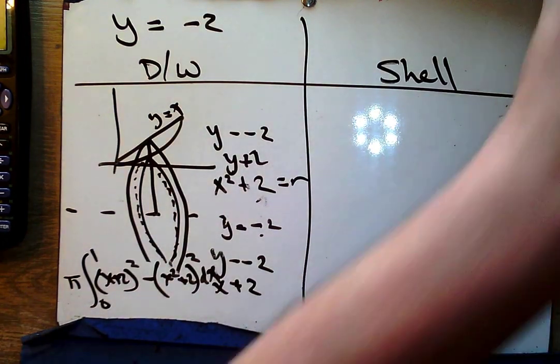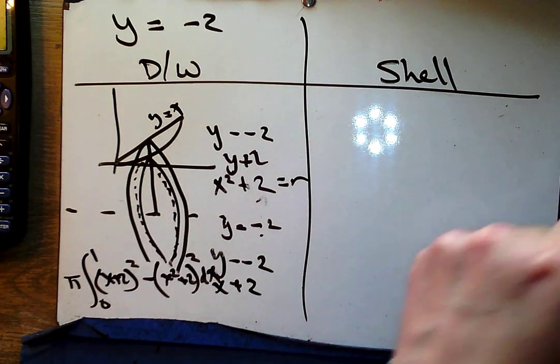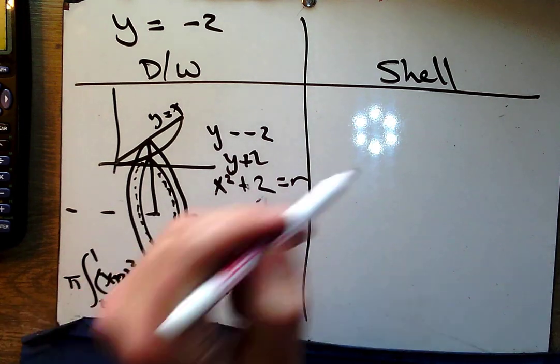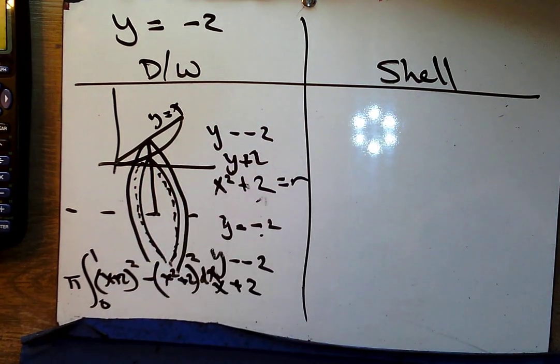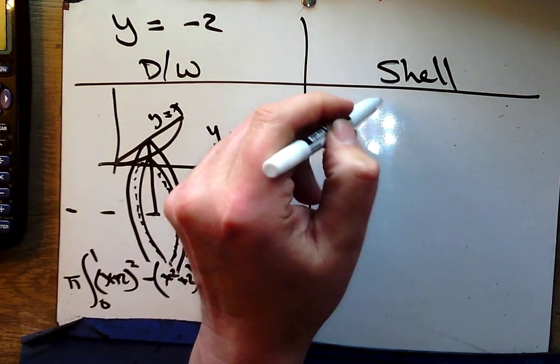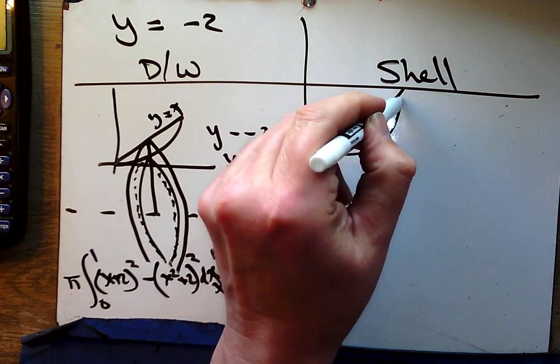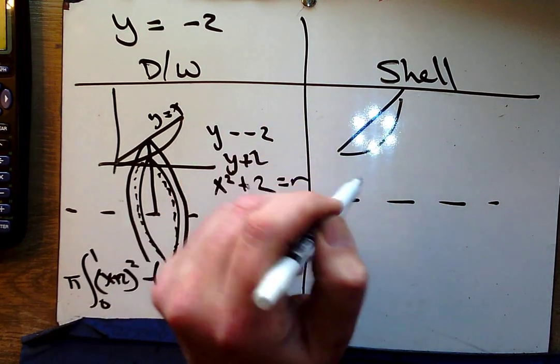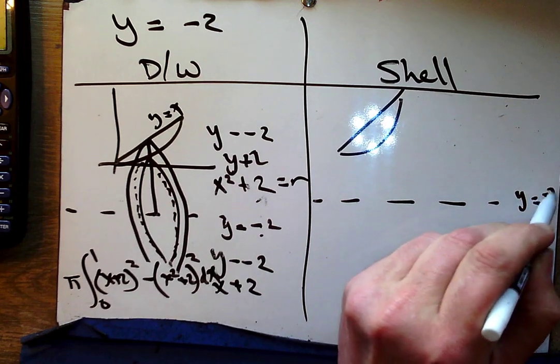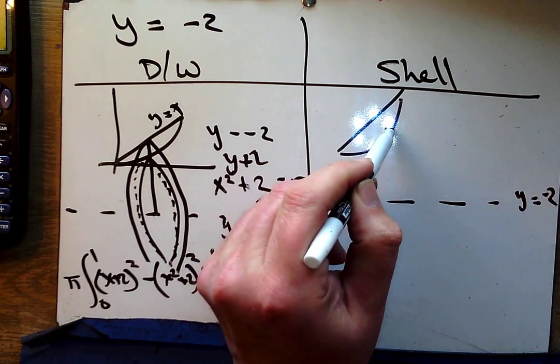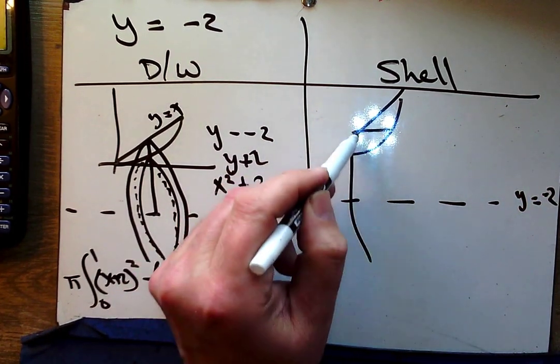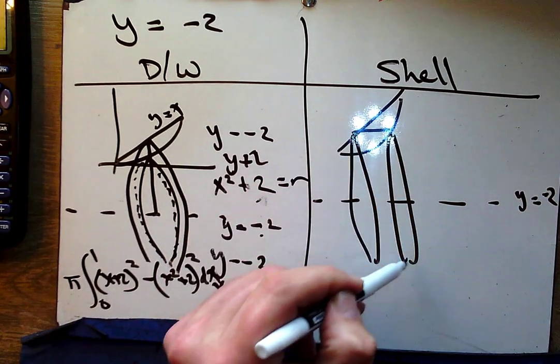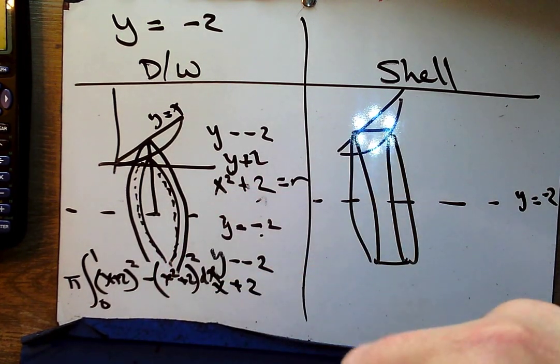Okay. And what about shells? Our last one. So here's y equals -2. I draw something that is parallel to the axis of rotation. And that's what I'm looking at.